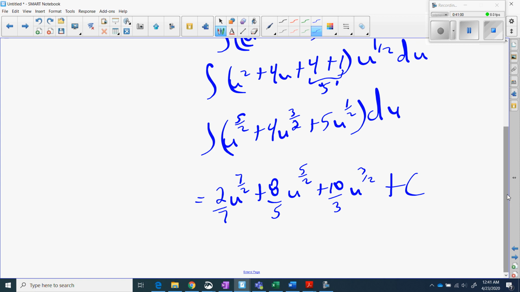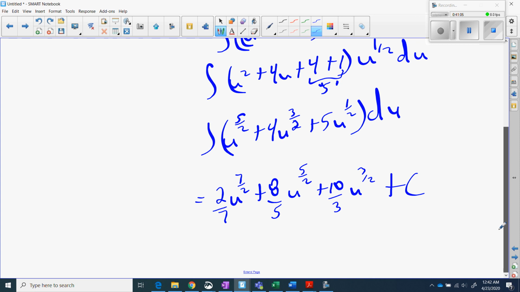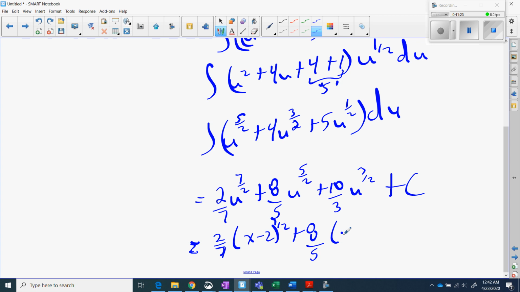And then finally, just switch back to your x's. So u is going to get replaced with x minus 2. So my final answer will be 2 sevenths x minus 2 to the 7 halves plus 8 fifths x minus 2 to the 5 halves plus 10 thirds x minus 2 to the 3 halves plus any generic constant c.